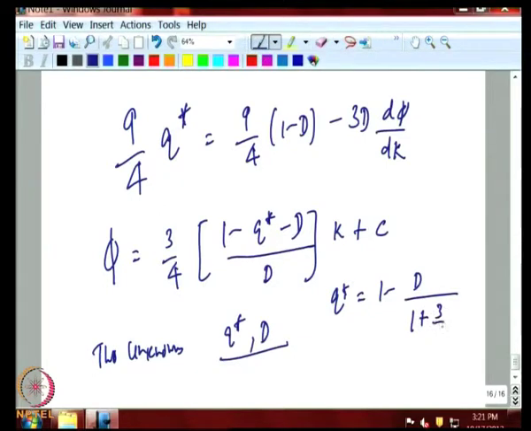So, I want you to recall that this is quite similar to what we got for a gray gas where d was equal to 1. So, I am got a slight difference here which you must be very careful about.